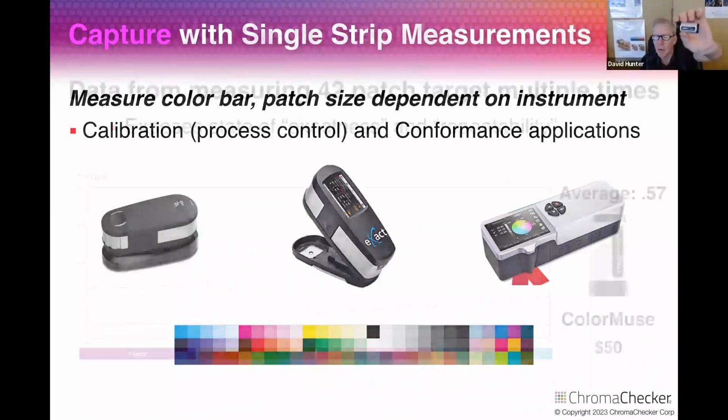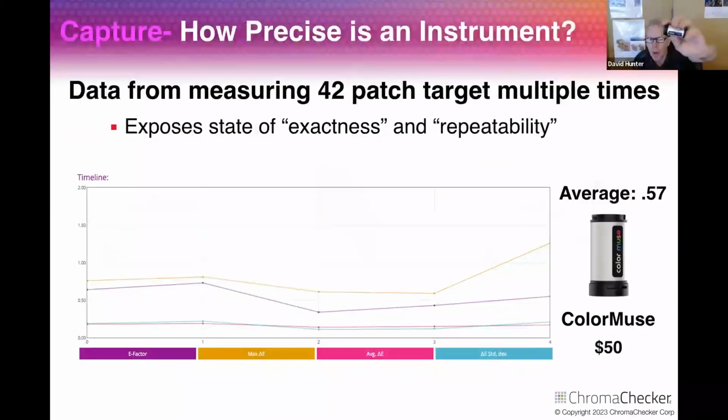So we have quantified what the repeatability is of this instrument using our T42 target. This T42 target is an ISO approved target, which is serialized, has a silver backing, so it's 100% opaque. And we throw away about 70% of our production runs.